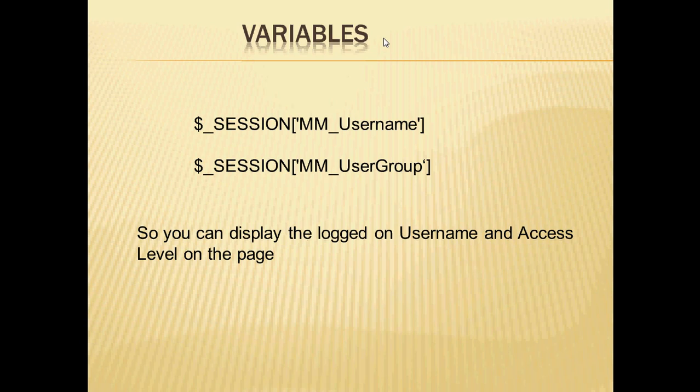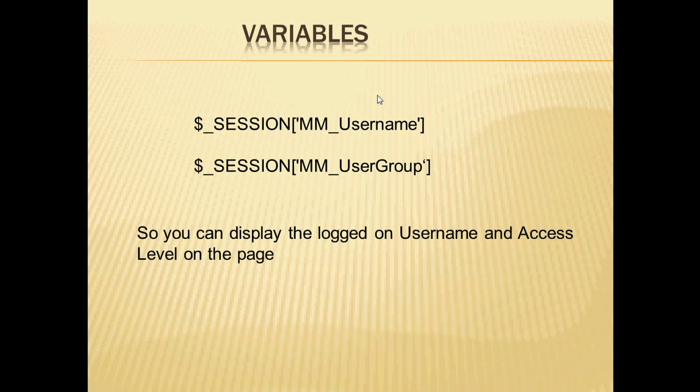Assuming he wants to access 5 pages, he doesn't have to enter his username and password 5 times. No, if he enters it once, it's stored throughout his session in these variables. So this helps you to display the logged-on username and access level right there on the page.